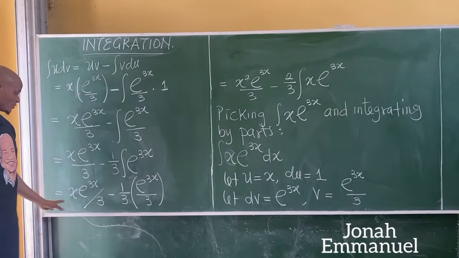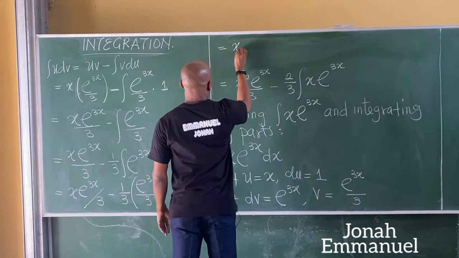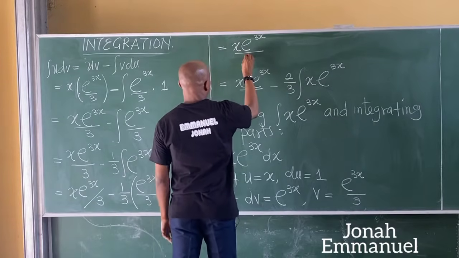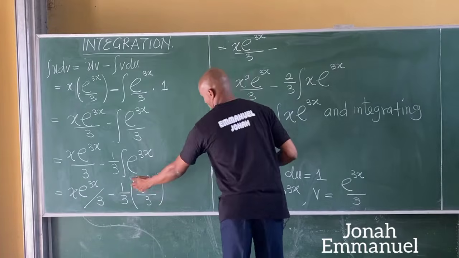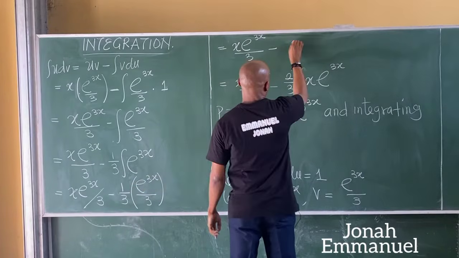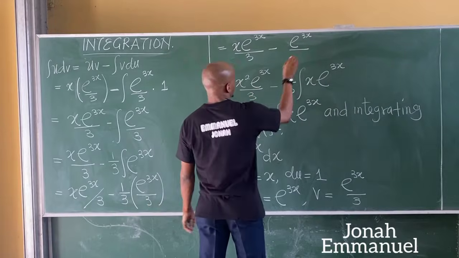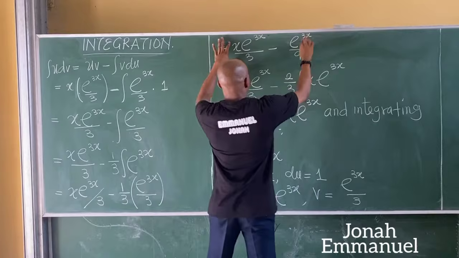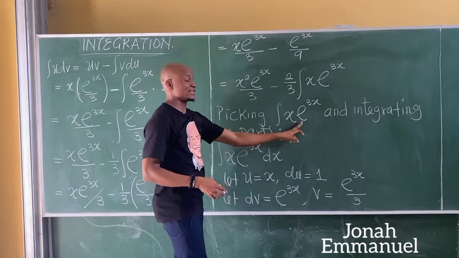Now, here's the thing. If I work on this now, I'm having x exponential 3x all over 3 minus, so expand 1 times this gives you exponential 3x all over 3 times 3 gives you 9. Alright, so this value is my final answer after evaluating this integral.